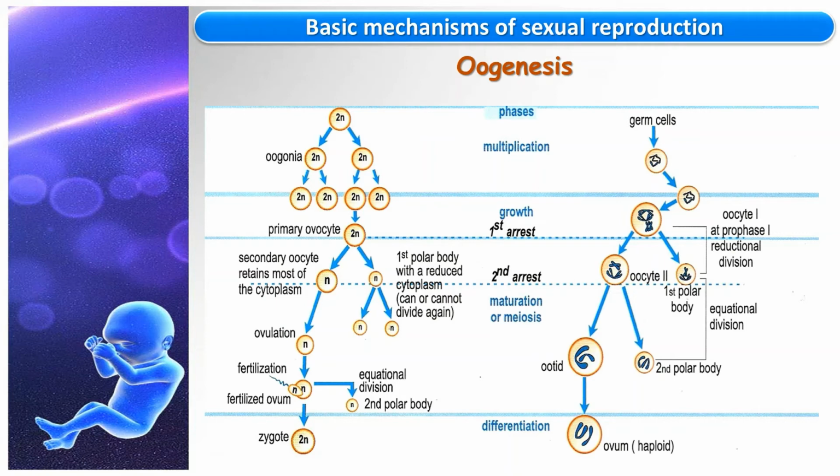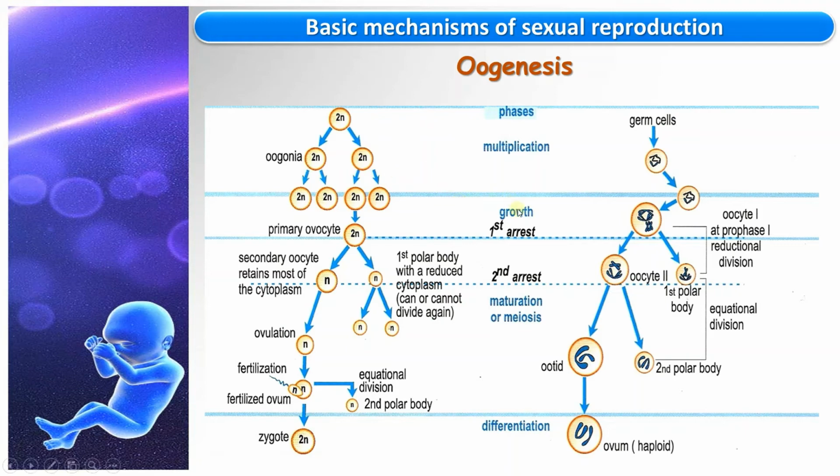And we know that mitosis conserves the number of chromosomes, so all oogonia have 2n chromosomes. Multiplication occurs during the embryonic life and not after puberty.